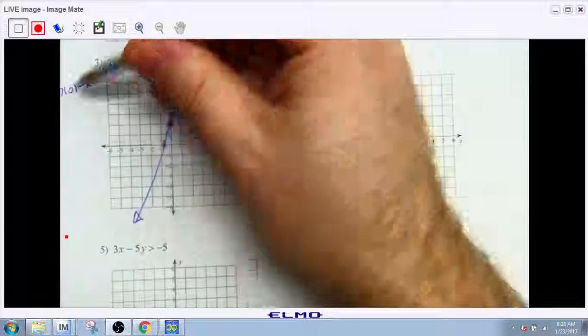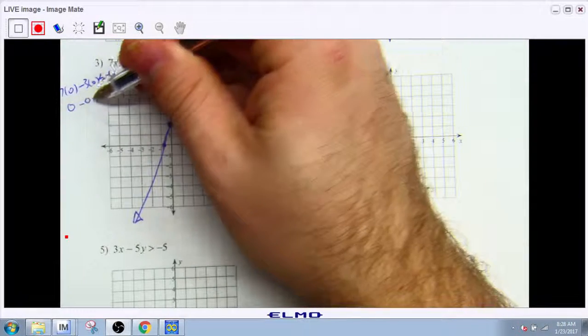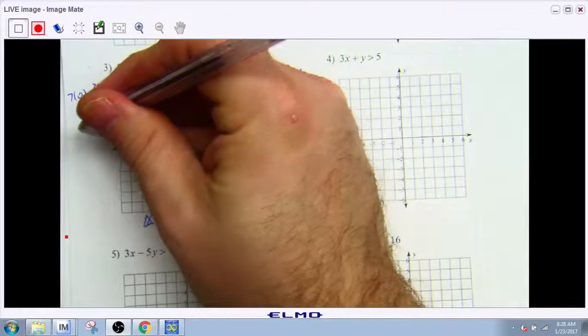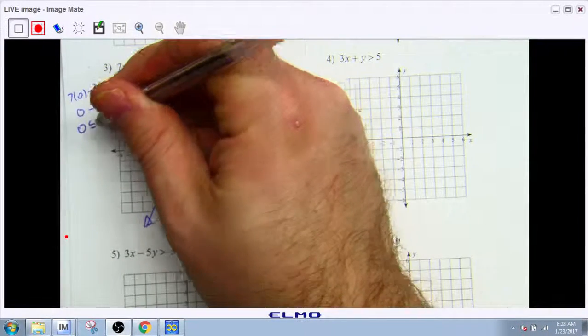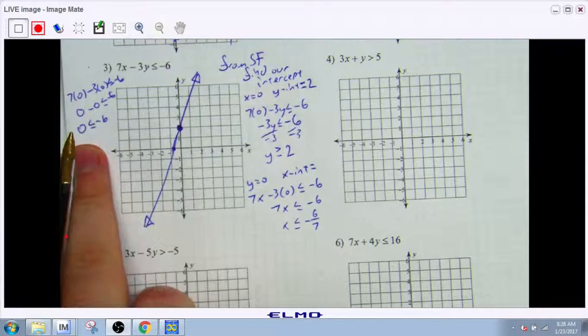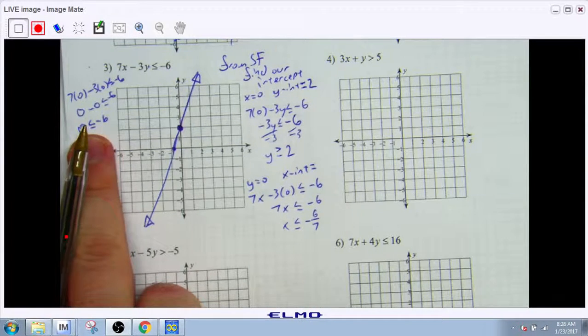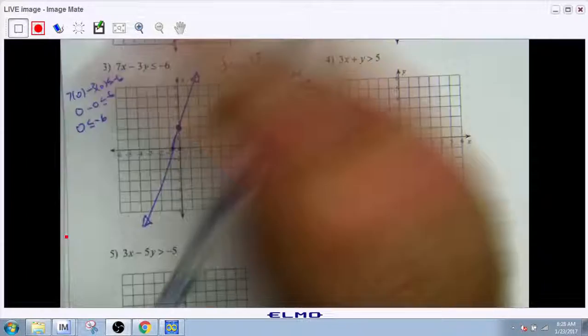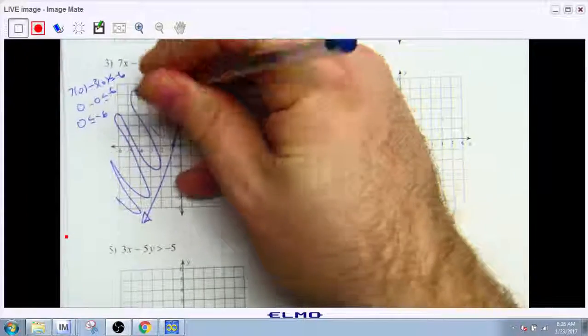Well, 0 minus 0 is less than or equal to negative 6. You see how these just both become 0? In fact, that whole left side of the equation becomes 0. So it's super easy to figure out what side it is. Is 0 less than negative 6? No, 0 is a greater number than negative 6. Here's negative 6, here's 0. So I know that this is not part of the solution, therefore I shade this way.